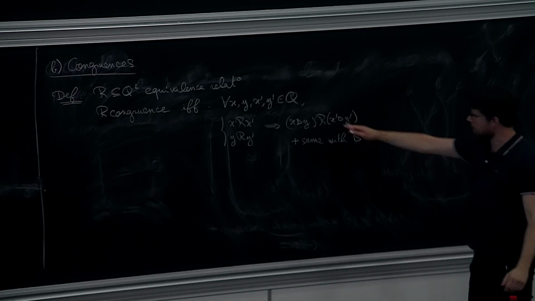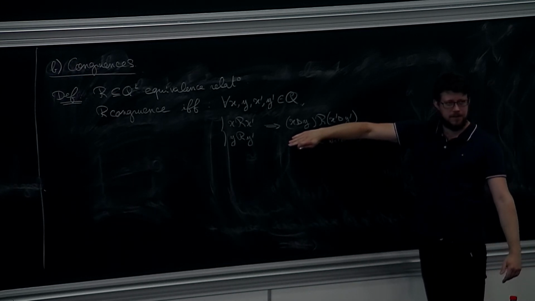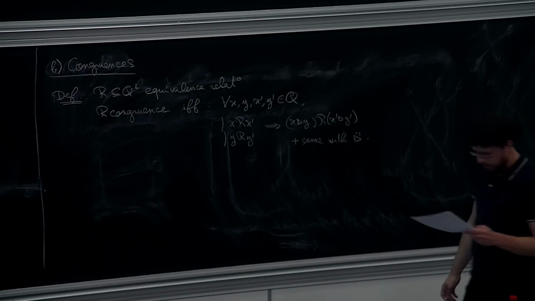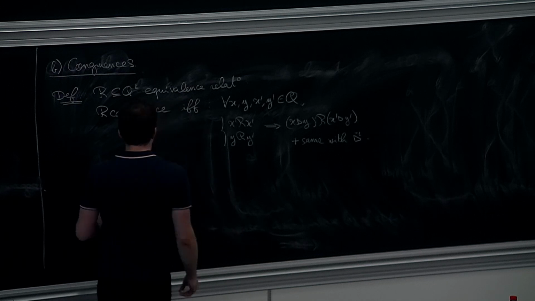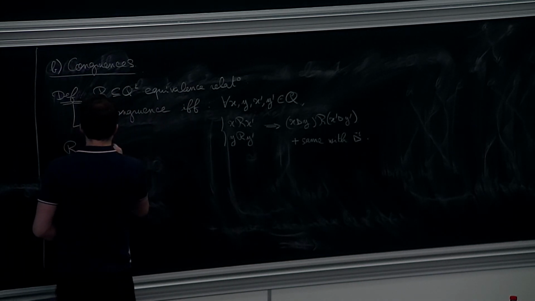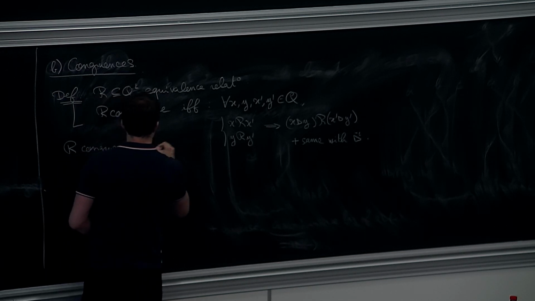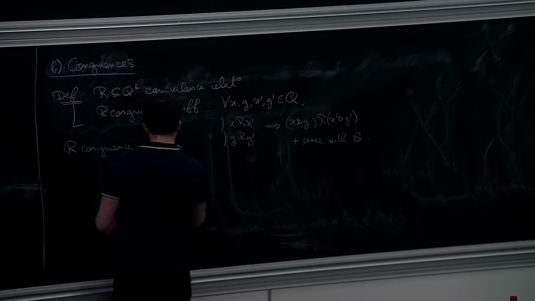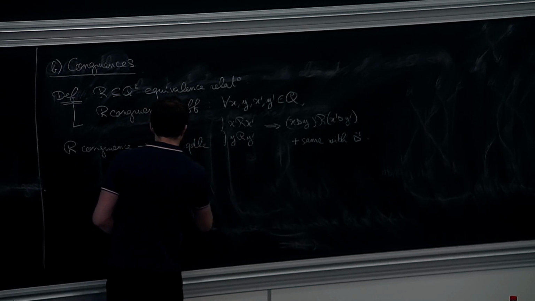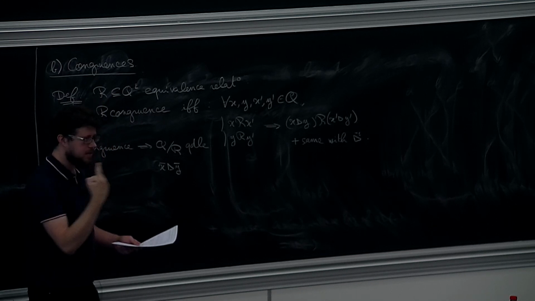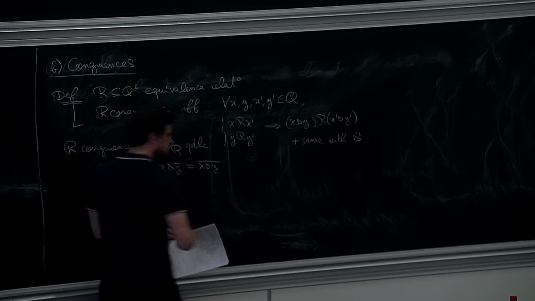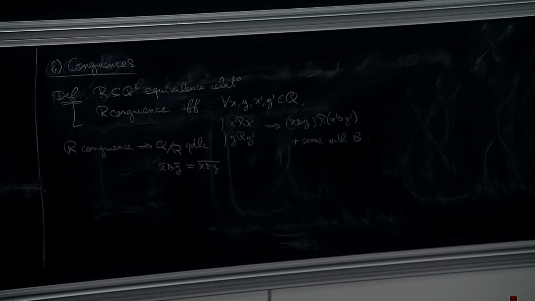And the idea is exactly that if R is a congruence, then Q over R will be a quandle, and the law will be what you expect: if you take the class of an element x and the class of an element y, then you take the class of x acting on y.